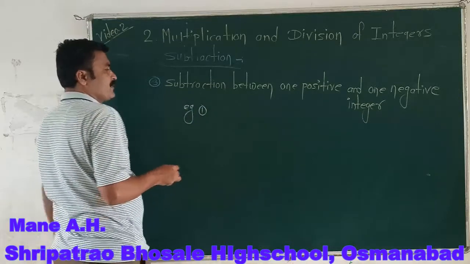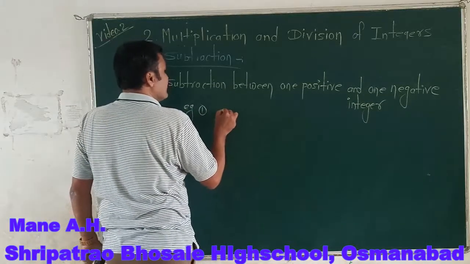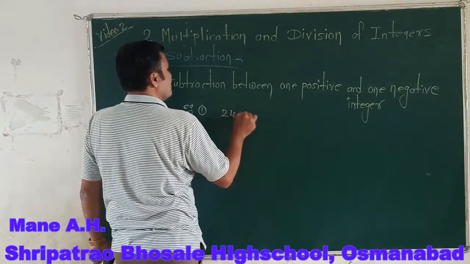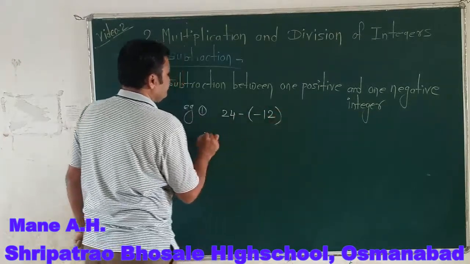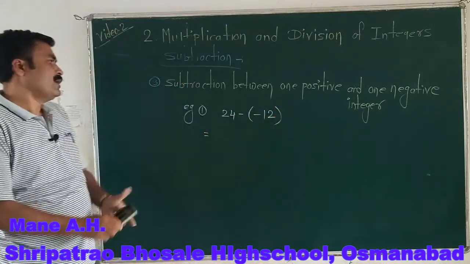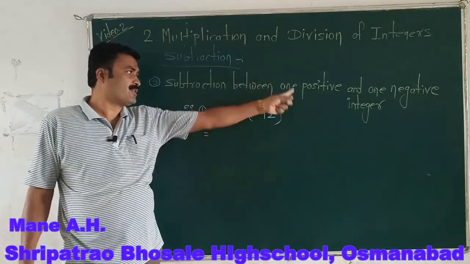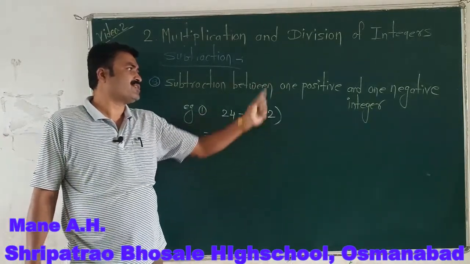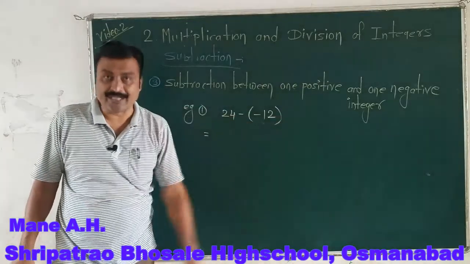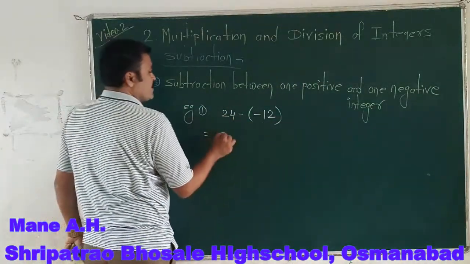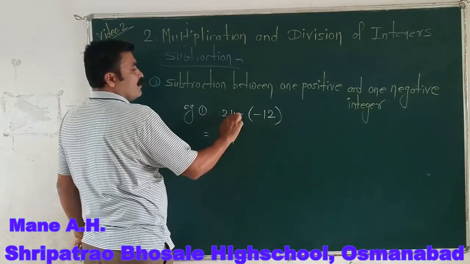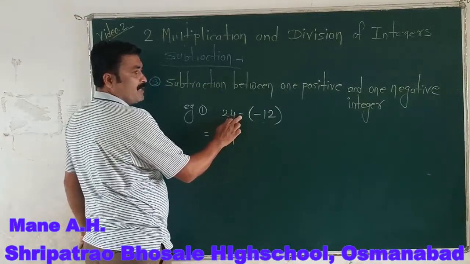The example in this way, let's follow here. That is 24 minus into bracket minus 12. So here 24 is a positive integer and minus 12 is a negative integer. While doing the subtraction here, 24 remains as it is due to the minus sign.